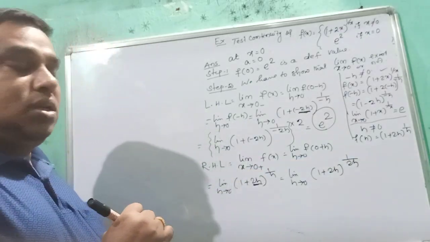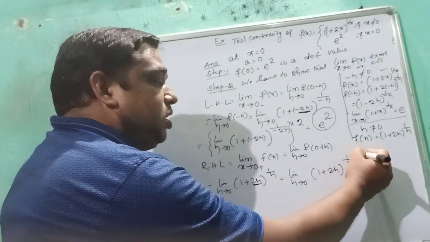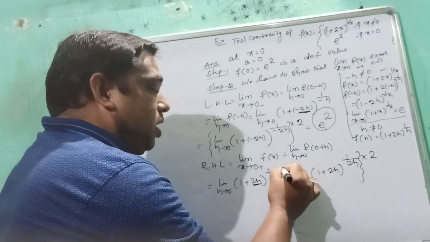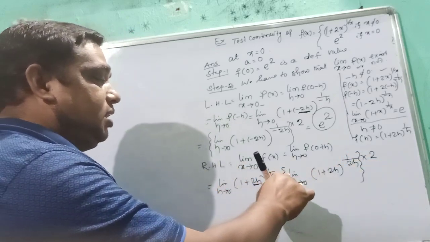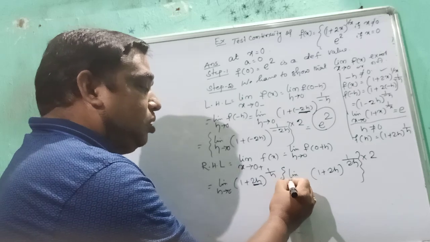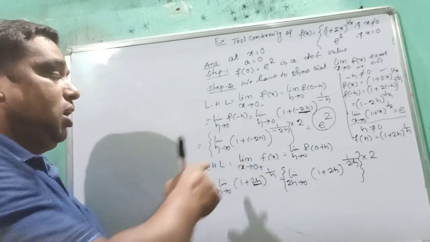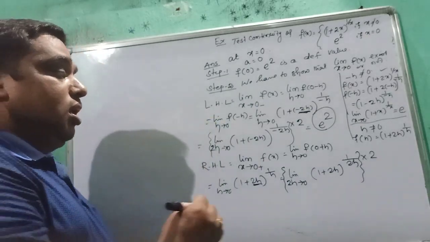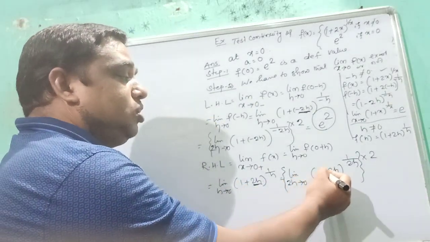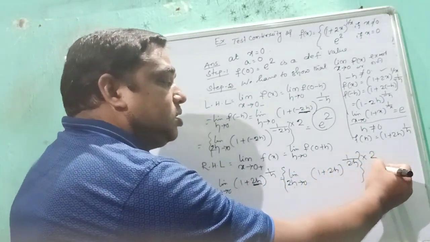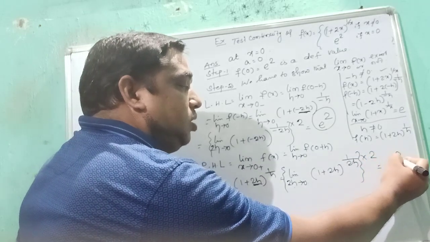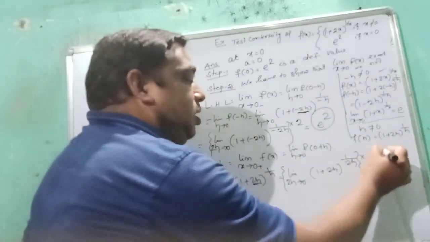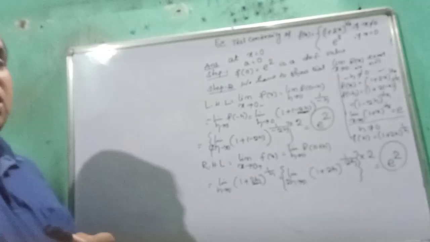So divided by 2 means we also have to multiply by 2. As h tends to 0, 2h also tends to 0. According to the formula it is e, so it is equal to e square. So the right hand limit is equal to e square.